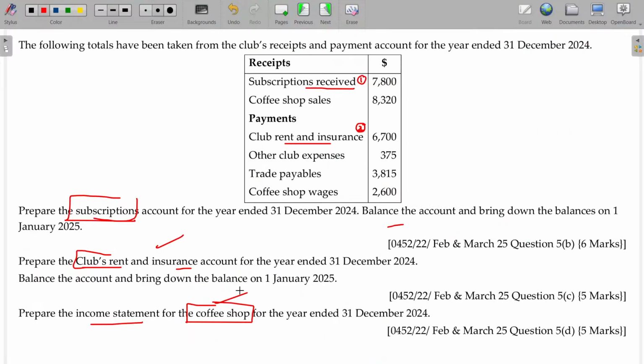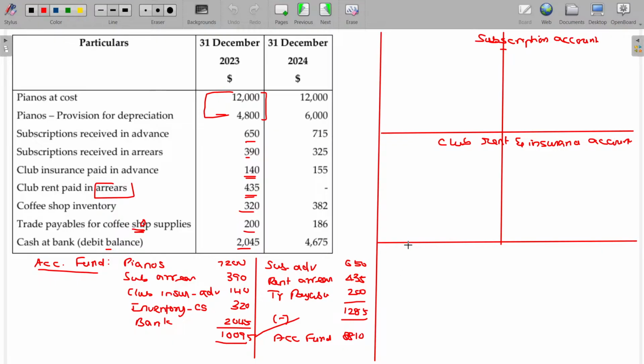Then coffee shop income statement. So we have to prepare these three.